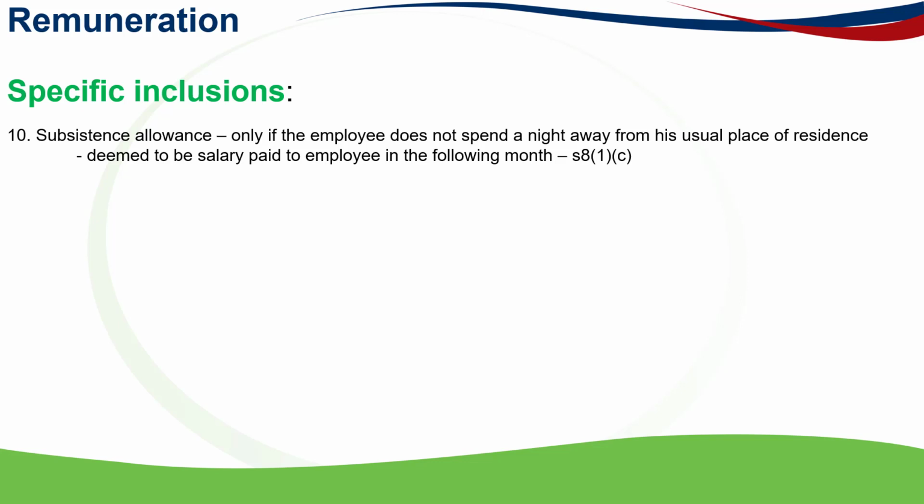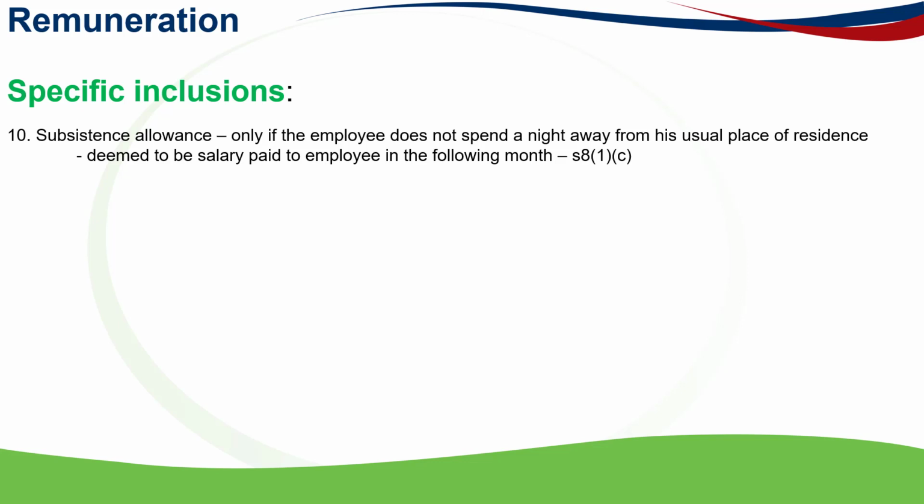So if they were given the subsistence allowance because they were anticipating to be away from their usual place of residence and they ended up not going away, that subsistence will be deemed to be remuneration in the following month after the employee did not go away, right?